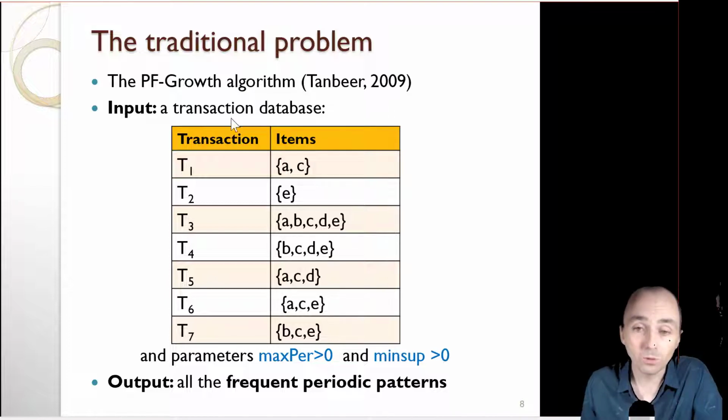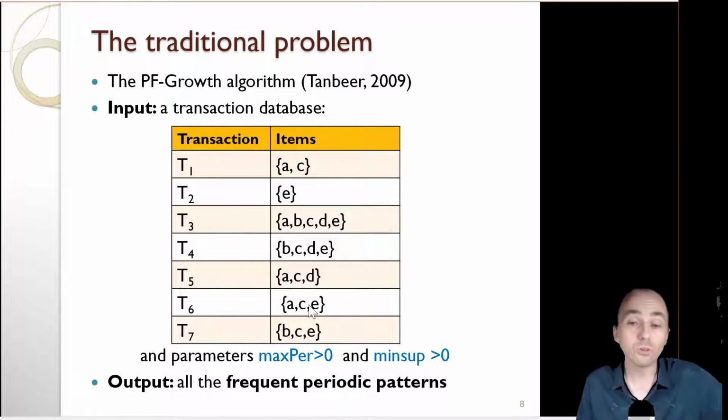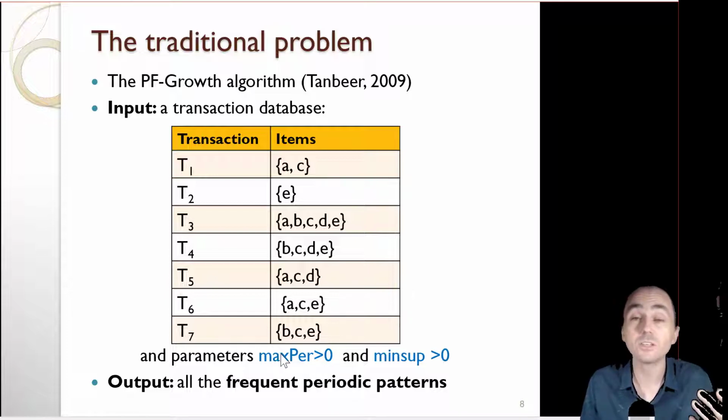So the input will be again a transaction database like we saw before, but here I use another example, okay. And the user will have to set 2 parameters, the minimum support and also a new parameter, max per. We call that the maximum periodicity, okay, to find the periodic pattern. And the result will be all the frequent periodic patterns.